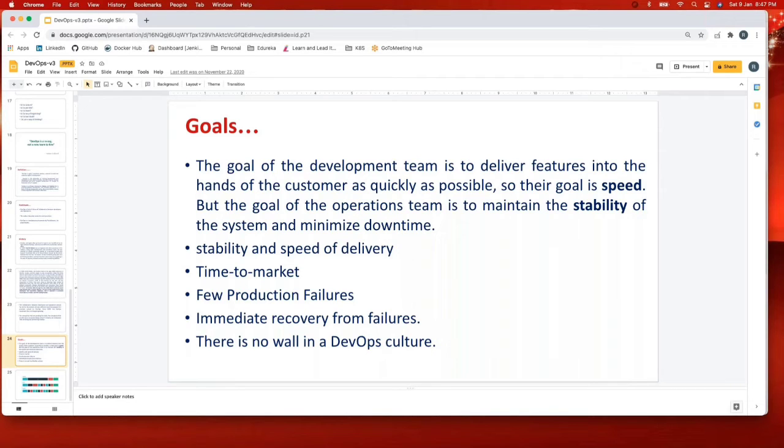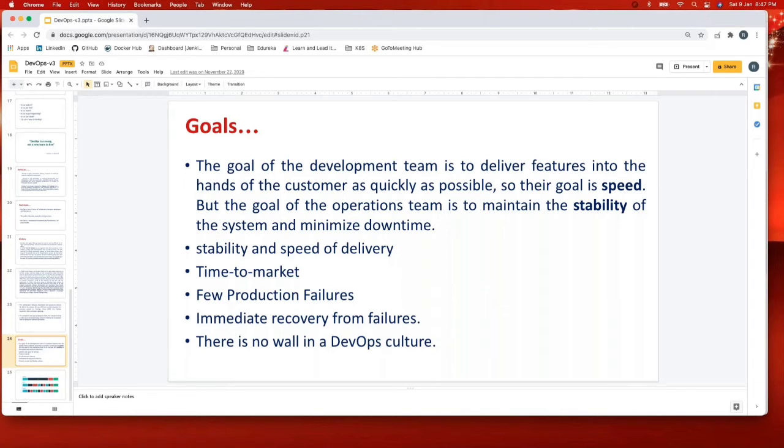Suppose you want to order some food. The delivery guy tries to get it to you as fast as he can. Speed, speed, speed. Suppose he is delivering ice cream. Speed is not the only requirement; he has to come with stability.